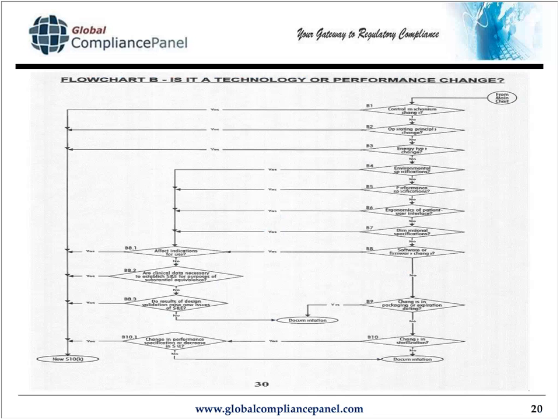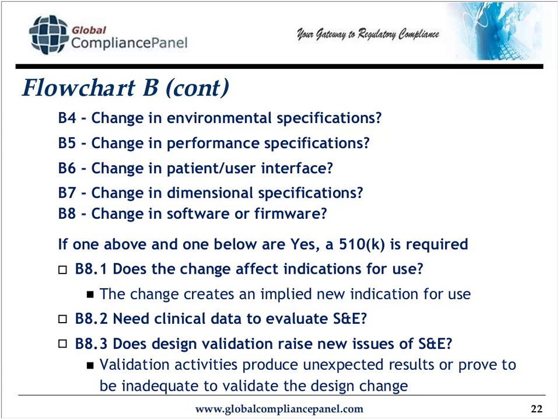And if it does, I need to submit a new 510K. But if it's not, B8.3 no, I can go to documentation. In the design validation, what you want to make sure of is that the validation activities pass. When you pass your design validation, I'm being very colloquial, of course, you are by definition not raising any new issues of safety or efficacy.